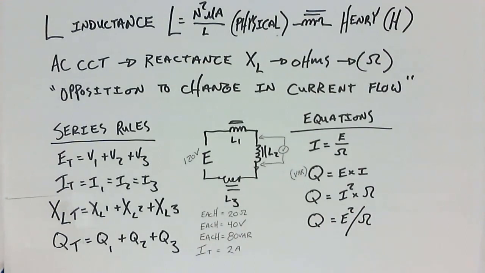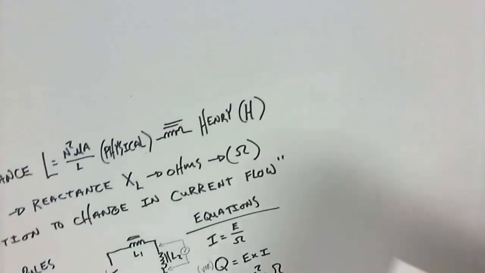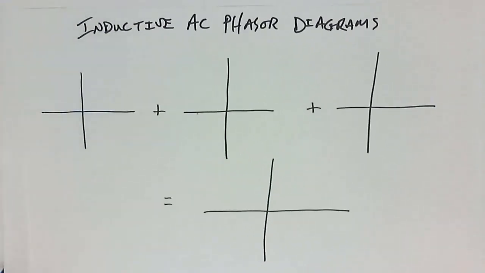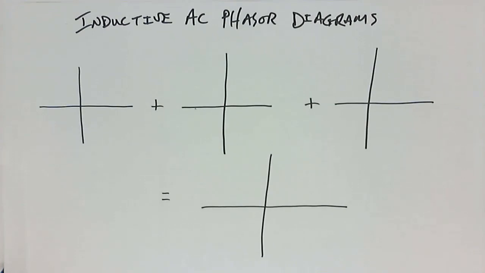So hold on to that, because we're now going to take a look at what happens with an inductive AC phasor diagram. So here's my inductive AC phasor diagram. Now, what did we say before? When we're doing series phasor diagrams we require a reference. And what is the same in that series circuit? Well, the one item that's the same would be the current, wouldn't it?